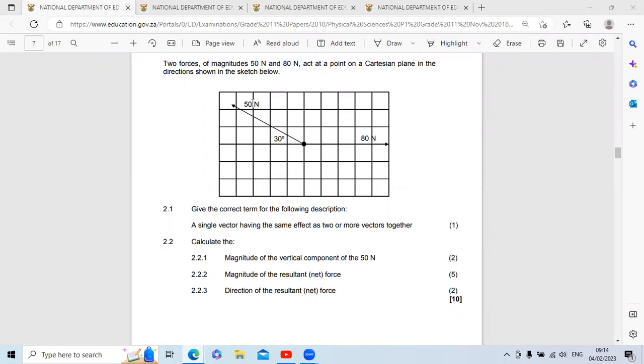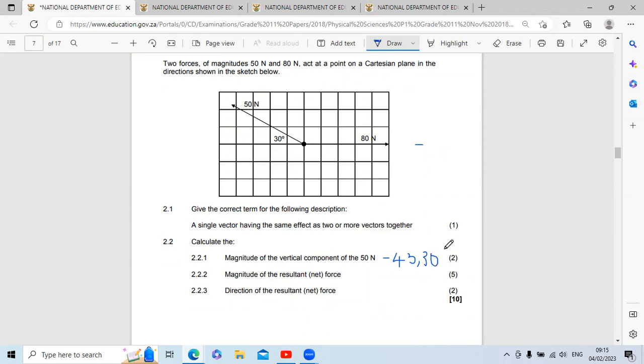So for the 50 Newton vector, I got negative. Okay, for 2.2.1, I got negative 43.3 newtons.